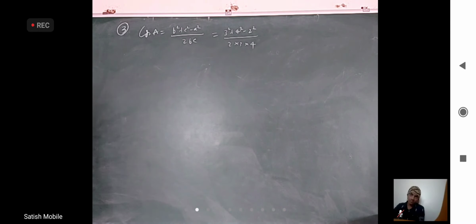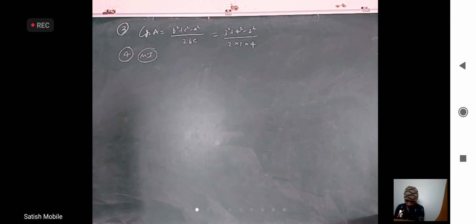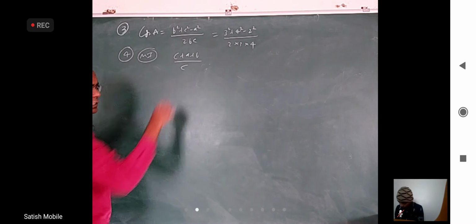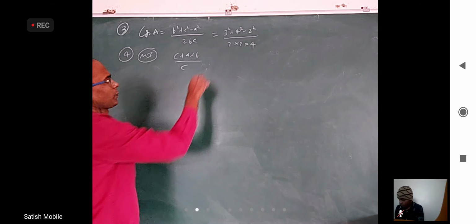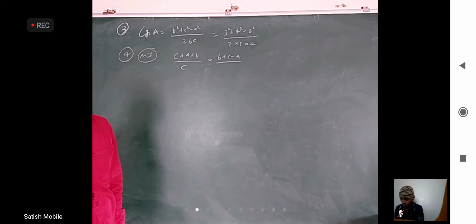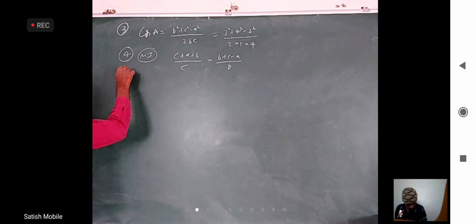Okay, simplify this, see what comes. Okay, the fourth one, I want to do by two methods. One method is (C + A + B)/C and (B + C - A)/B. That is a question where they already gave angle A as 60.